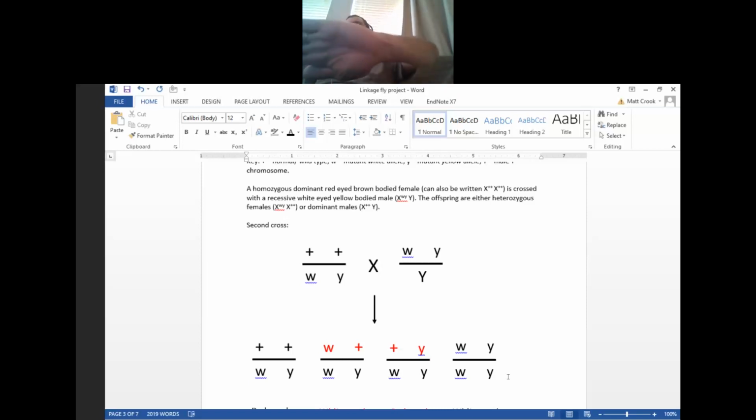So if you put your hand like so, really, by putting your hand there, that's the contribution from the male. Everything above that, XX, W, or plus plus, W plus, plus Y, WY, that's all from the female parent. Sorry, I've got a fan on which is blowing in my mic.